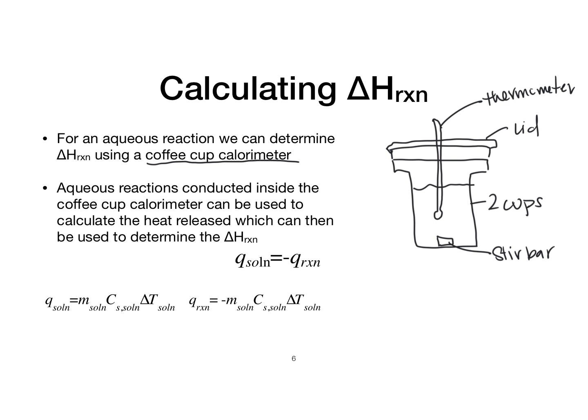So we can calculate Q solution or Q reaction. We know that Q solution is the heat in the water. Q reaction is going to be the opposite of Q solution.